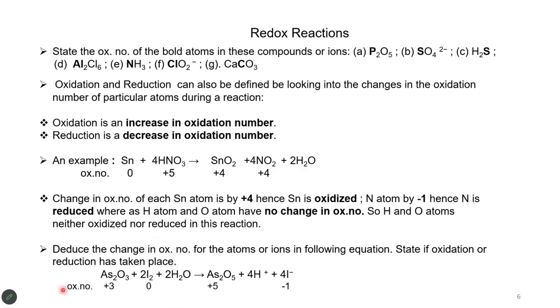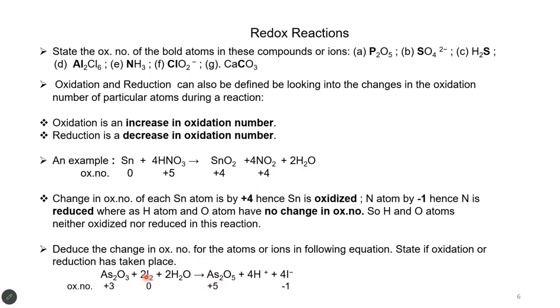Another question we can take is this: deduce the change in oxidation number for the atoms or ions in the following equation, and state if oxidation or reduction has taken place. Definitely oxidation and reduction have taken place, because of the change of oxidation number. Here, arsenic in arsenic(V) oxide, so the change of oxidation number is 2.